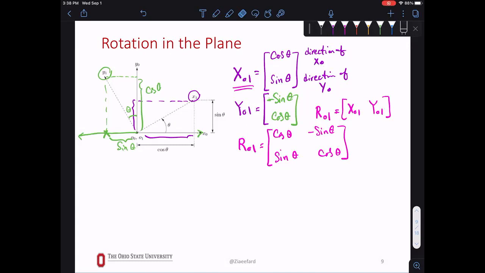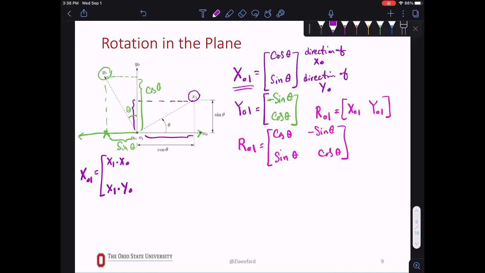So we can also show this as a dot product on these two axes. So how? Well, this is how. x01 in fact is x1 dot x0 and x1 dot y0. Projection of x1 on the other axis.